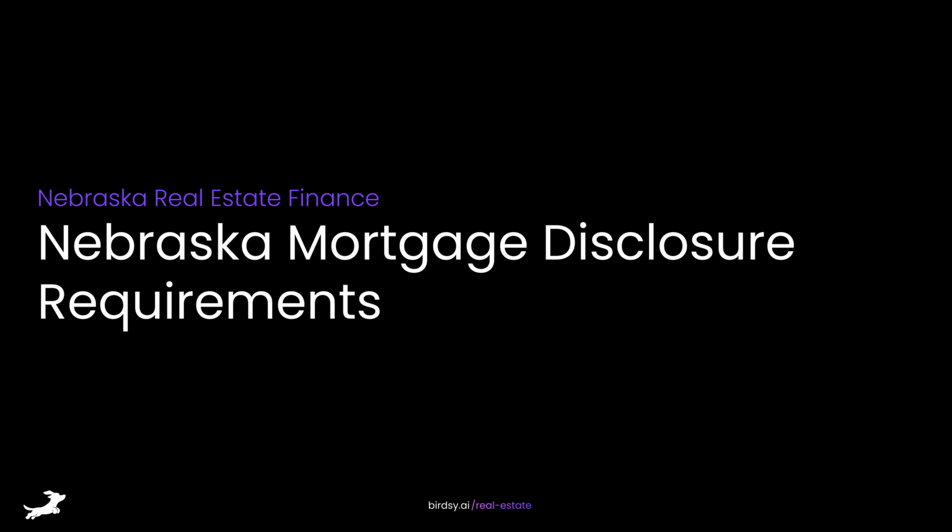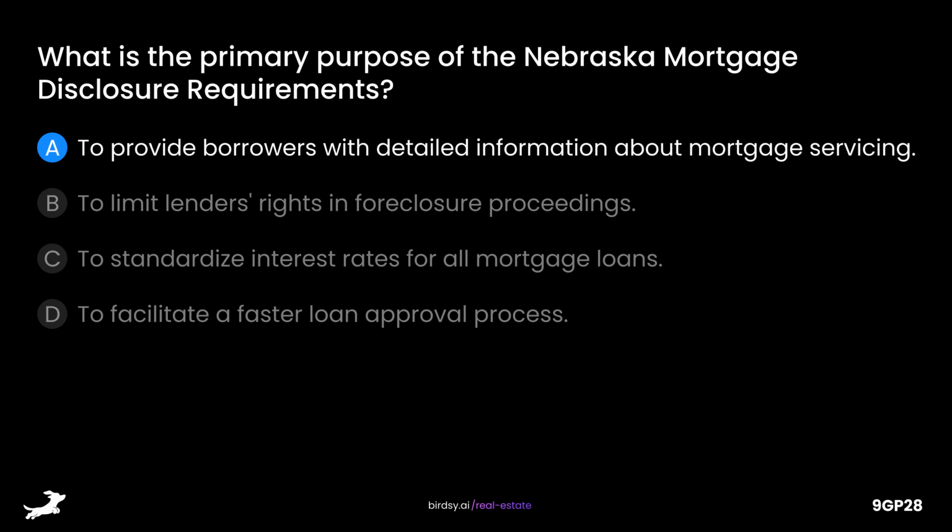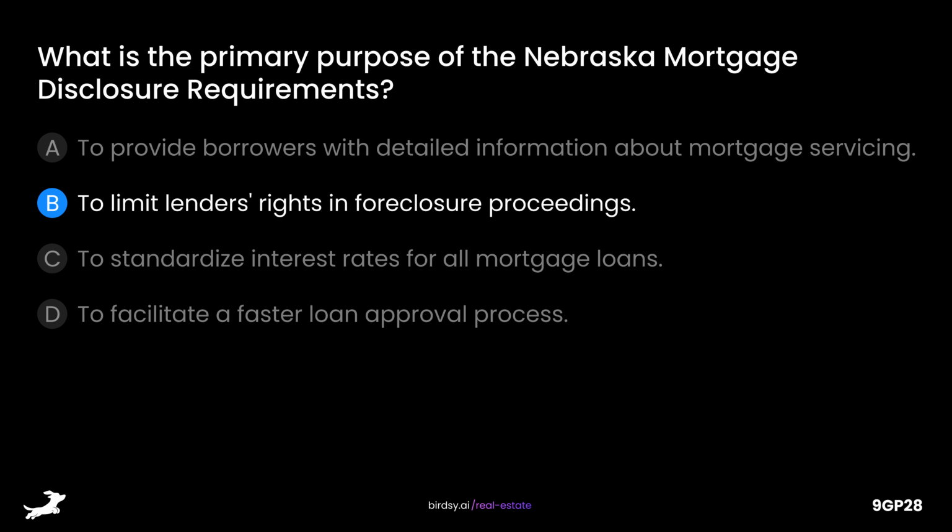Nebraska mortgage disclosure requirements. What is the primary purpose of the Nebraska mortgage disclosure requirements? Is it A, to provide borrowers with detailed information about mortgage servicing; B, to limit lenders' rights in foreclosure proceedings; C, to standardize interest rates for all mortgage loans; or D, to facilitate a faster loan approval process?